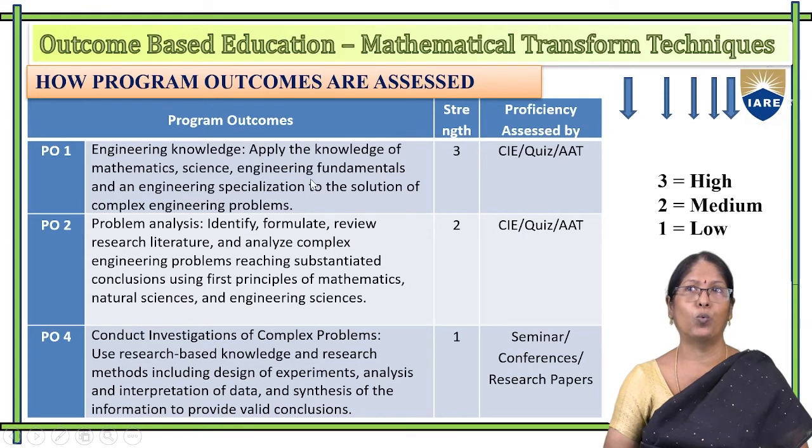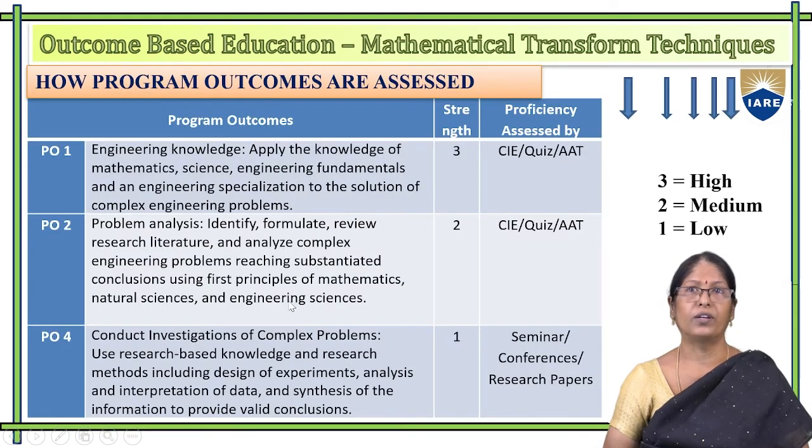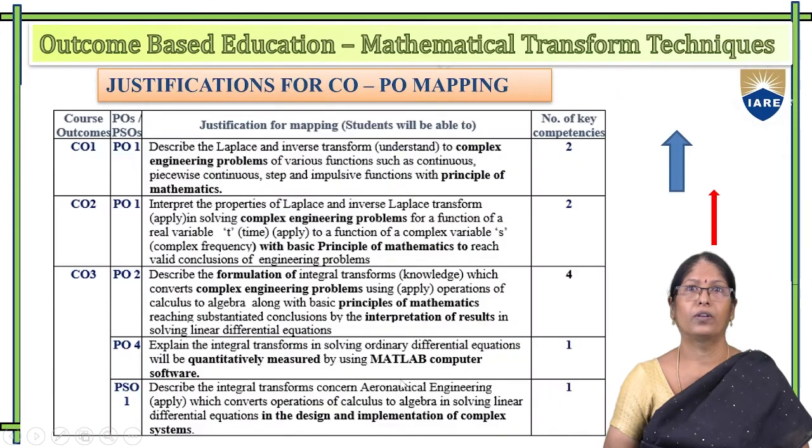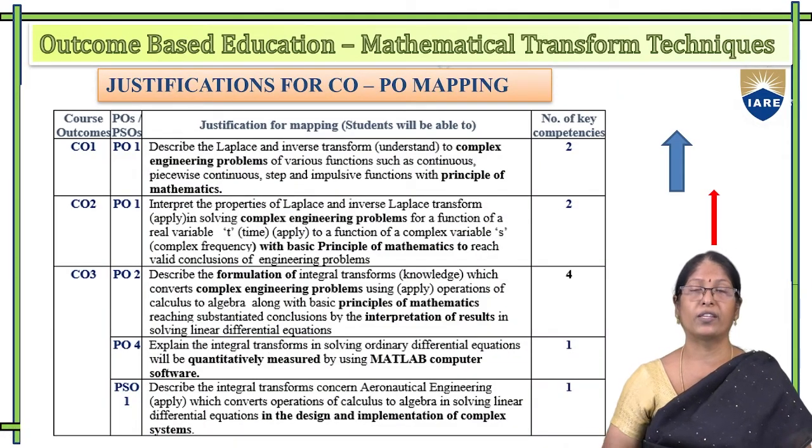CO2 satisfies 1, 2 and 1, and CO3 satisfies 2 and 4. We can see it here, 2 and 4. CO3 also satisfies the program specific outcome, the first one.